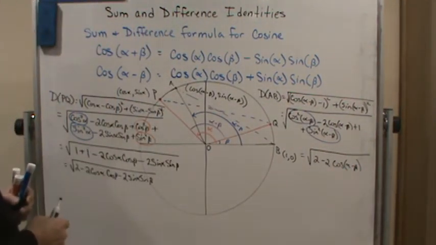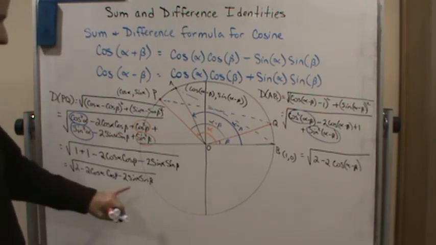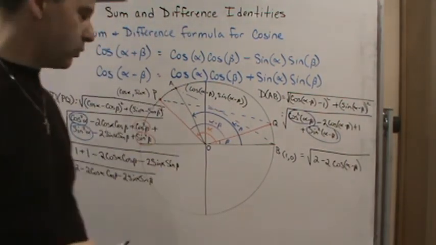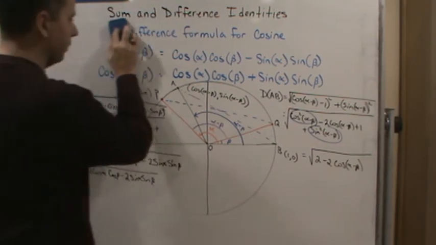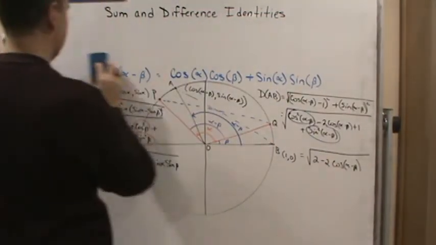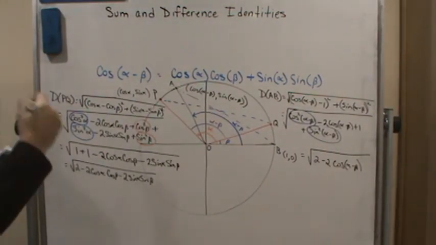Now, this is where we're going to put both of these equal to each other, and this is where it's going to come apart. So now I'm going to erase up here, and I'm going to set these equal to each other.